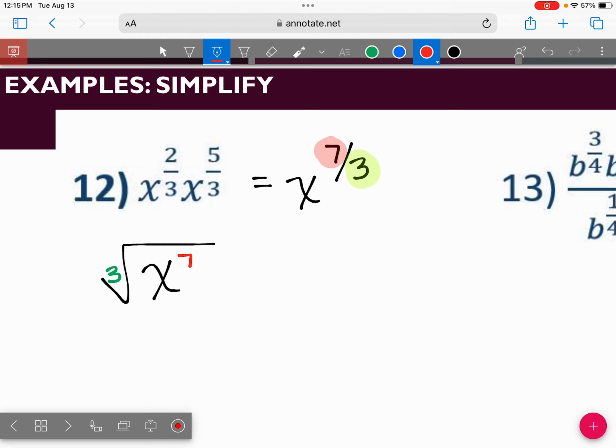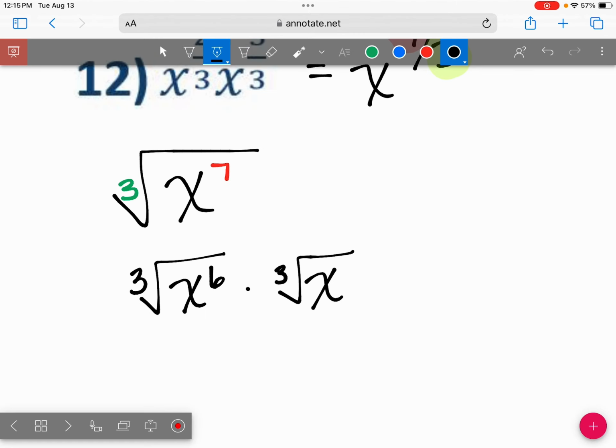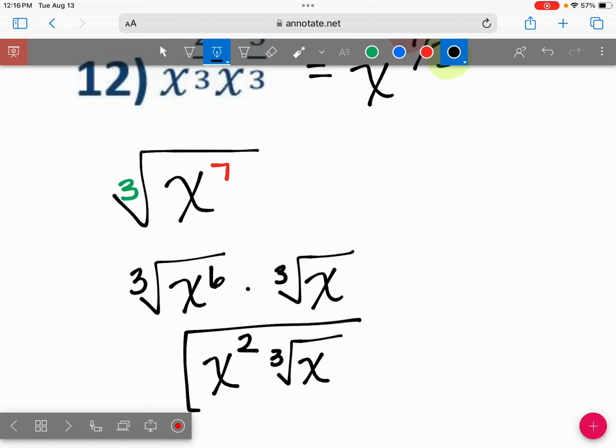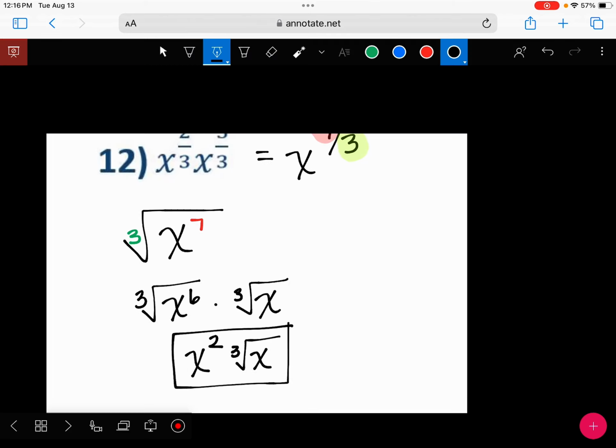How many groups of 3 can I make with 7 people? 2. Because we can write this as the cube root of x to the 6 times the cube root of x. So this gives you x squared times the cube root of x. And that would be your final answer.